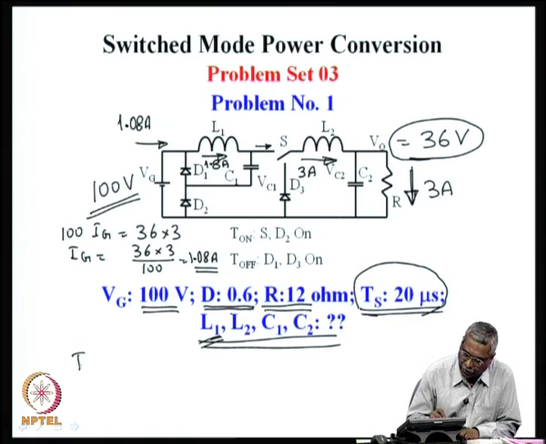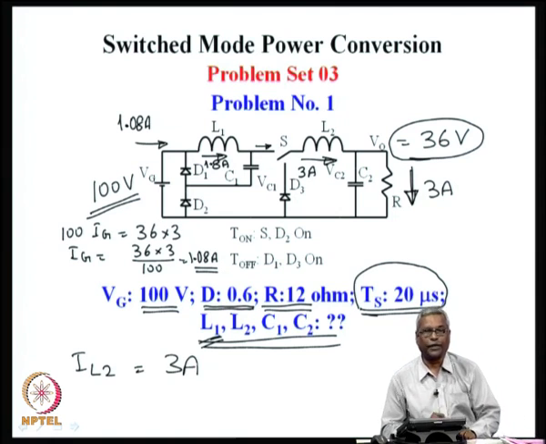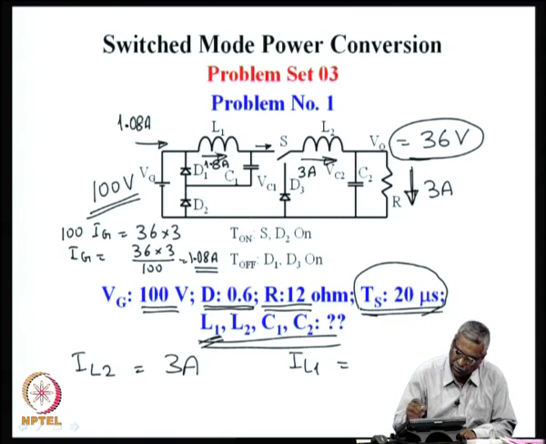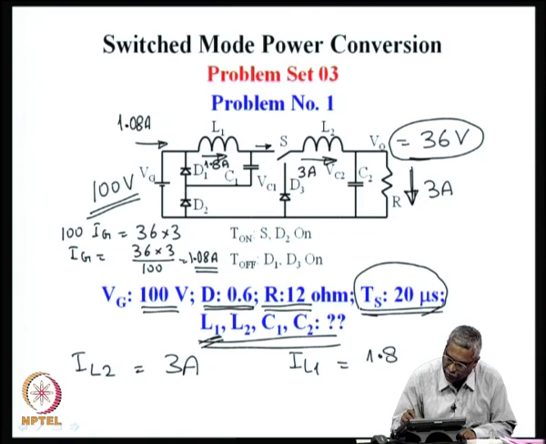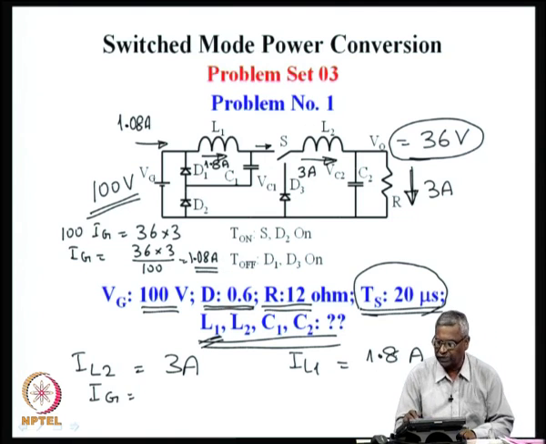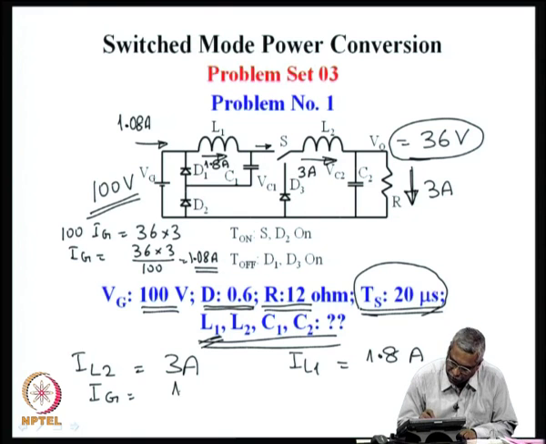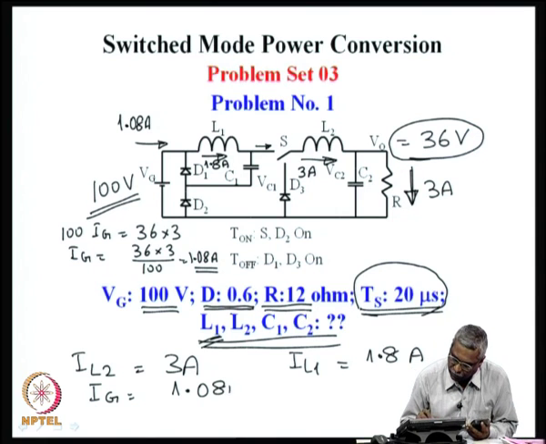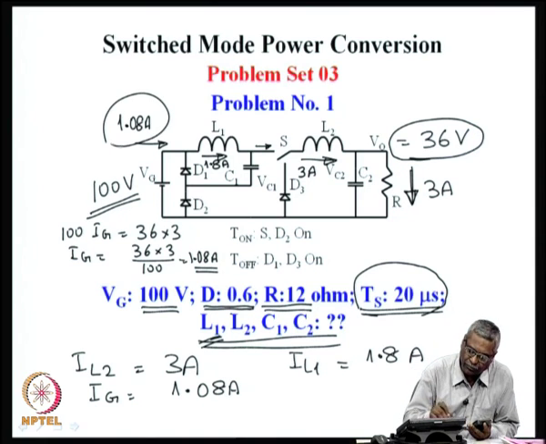So, we might say that IL2 is 3 amperes, same as I naught, and IL1 is 3 amperes into 0.6, which is 1.8 amperes, and Ig is 0.6 into 1.8, which is 1.08 amperes. 0.6 multiplied by 1.8 is 1.08 amperes, which is the same as this current.